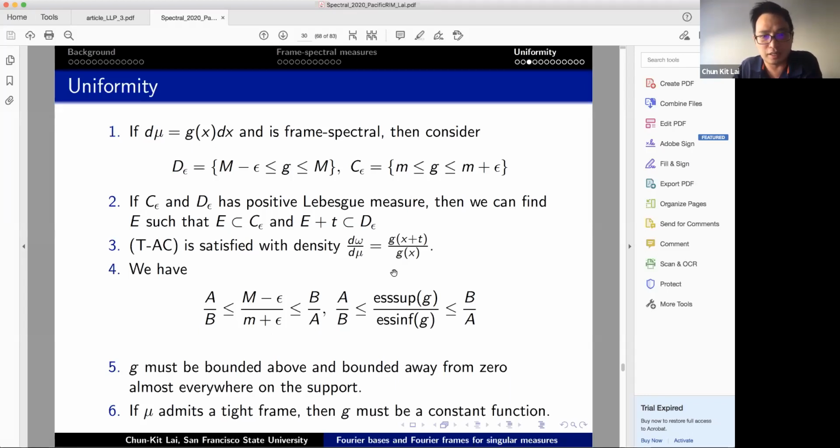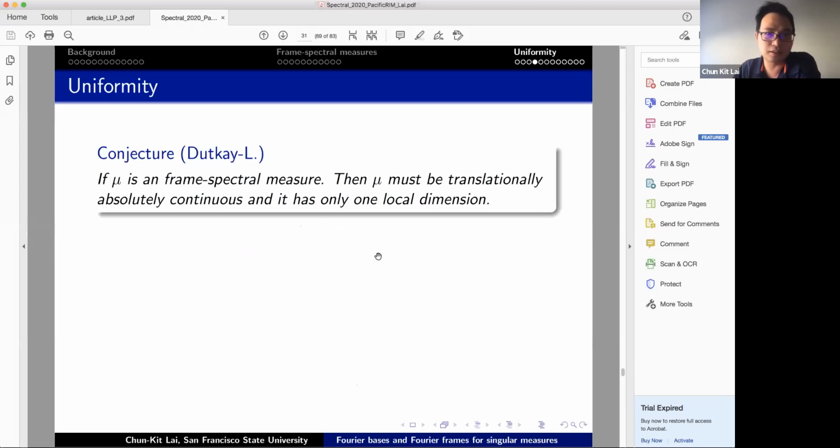And in general, what it means is that if you have a frame spectral measure, the density looks like it should be very uniform. The measure has to be very uniform on the support. So there was a conjecture at that time, we tried to say I can remove the absolute continuity.